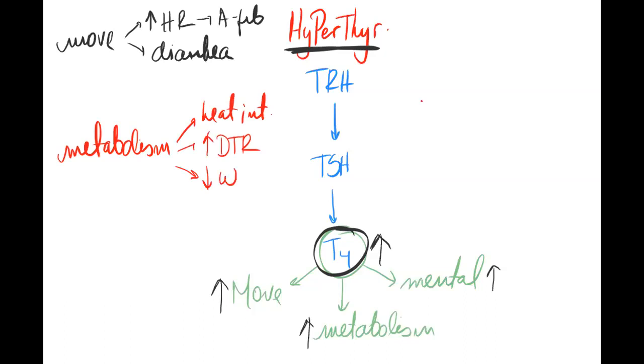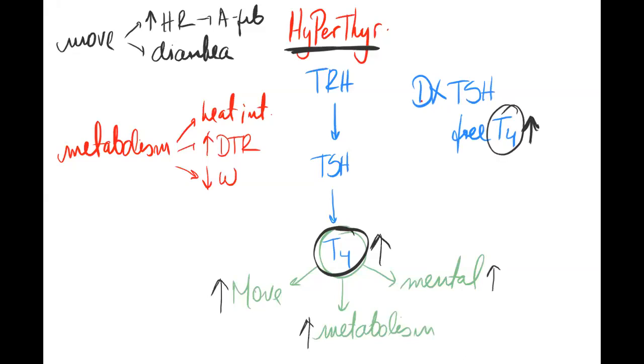Now, the principal diagnosis is through the TSH and with the free T4. How are the TSH and the free T4 going to be in a patient with hyperthyroidism? The free T4 is going to be high.